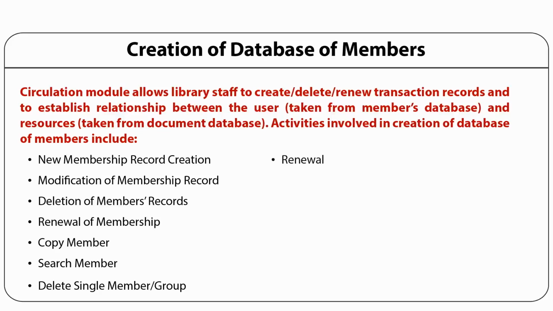Number 8. Renewal. There are two options for renewal of membership record, either renewing a single member or renewal of a given group of members. Number 9. No due certificate. No due certificates of members can be generated in bulk by selecting institute followed by the department, category and course or designation within the department.